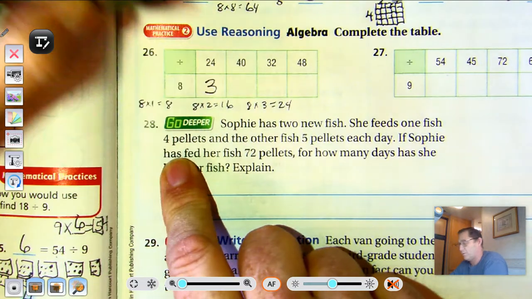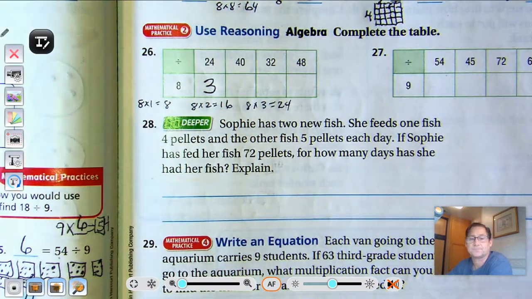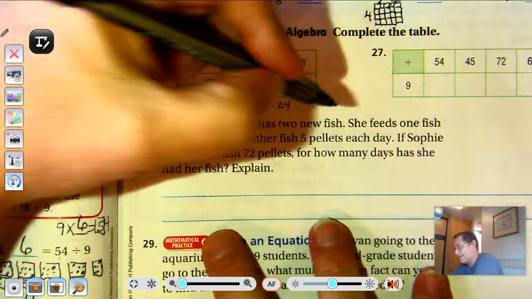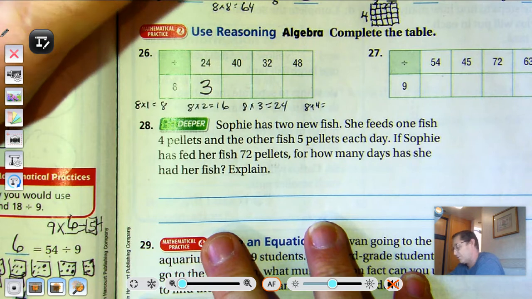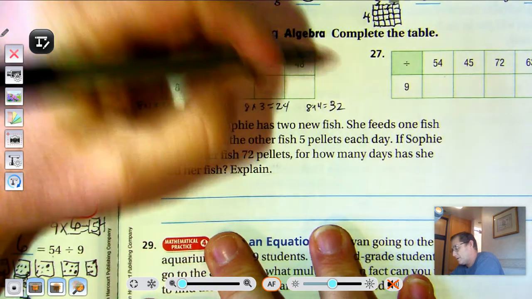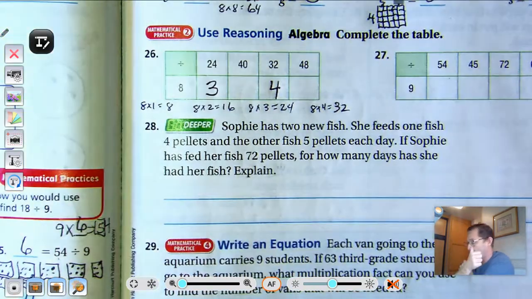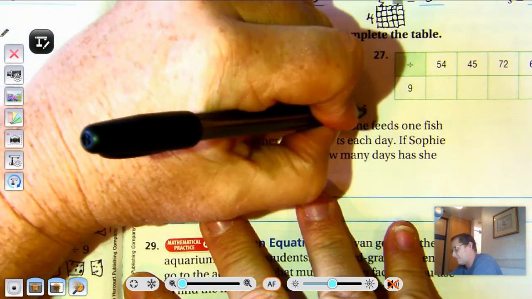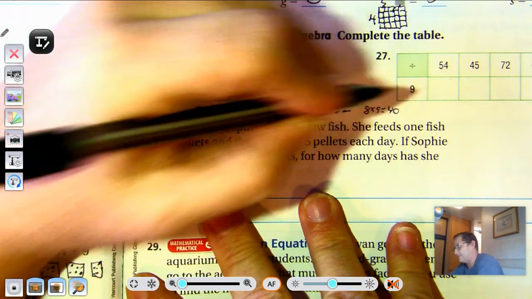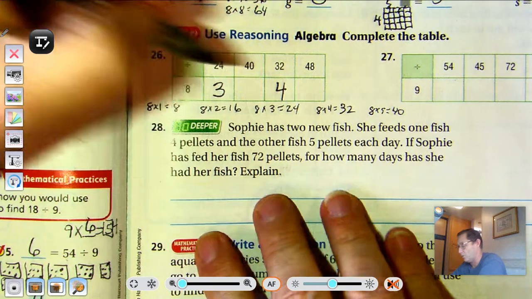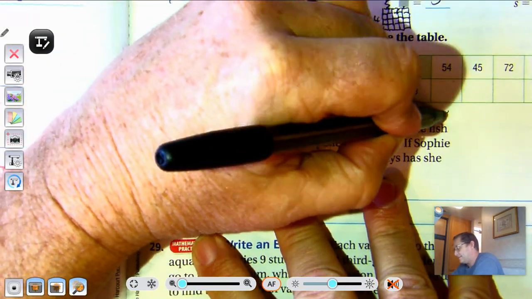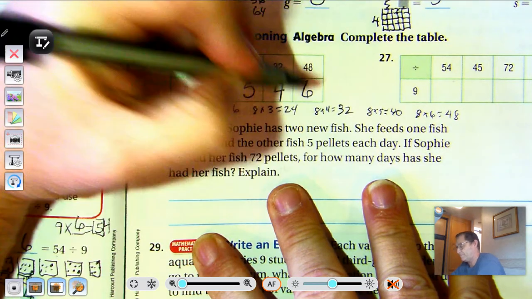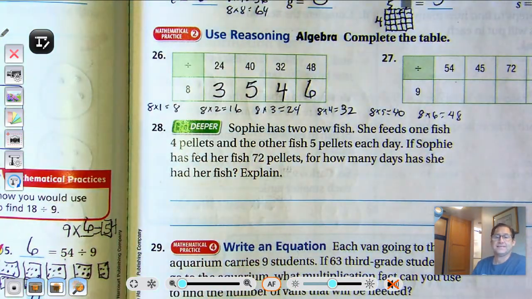So 24 divided by 8 is 3. 8 times 4, 24 plus 8 is 32. So 32 divided by 8 is 4. 8 times 5 is 40. 32 plus 8 is 40. And 8 times 6 is 48. So 48 divided by 8 is 6.